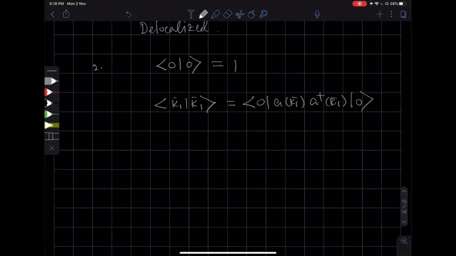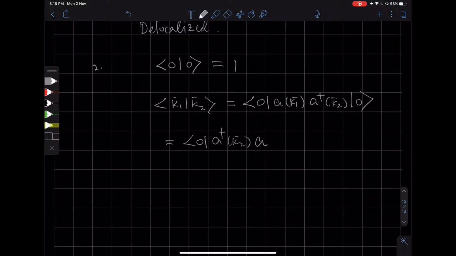Now if I apply the canonical commutation relationship to this, I'm going to get two terms. One of the terms is going to vanish. Let me just take them to be different, so let's take this to be K2.